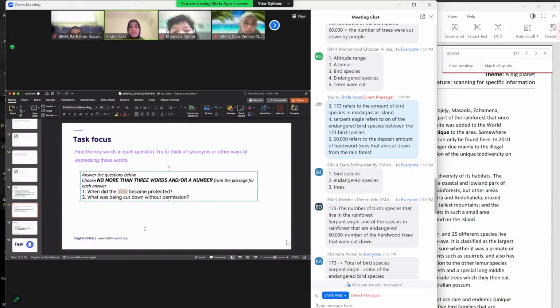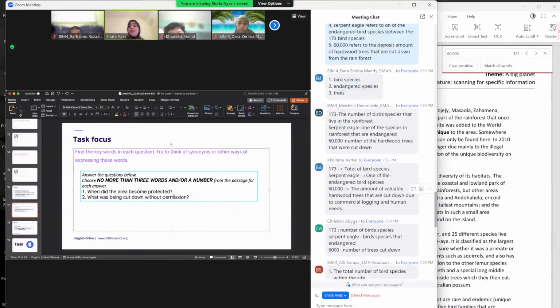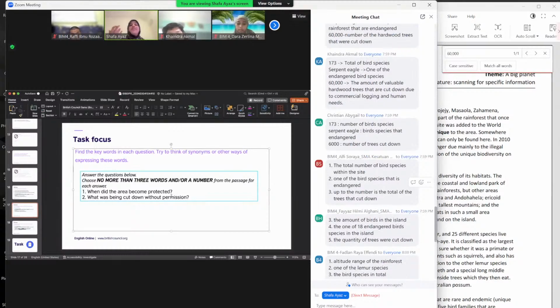For example, area, protected, permission, cut down, which is a phrasal verb. So you need to find a synonym of these words. How can you express the same questions in other words? I'll have you do it in your rooms. It won't take long.